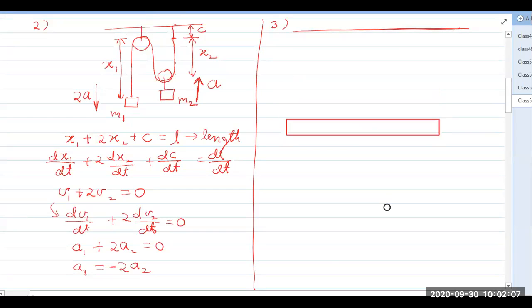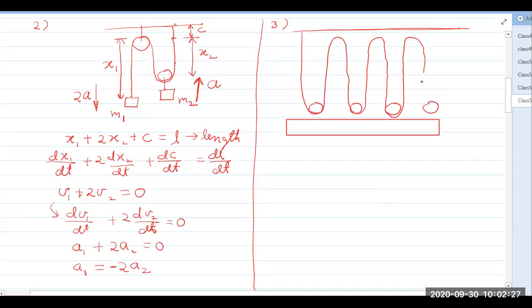Okay, this kind of system we have, and we have pulleys here, here, here, and here. So we have a system like this.